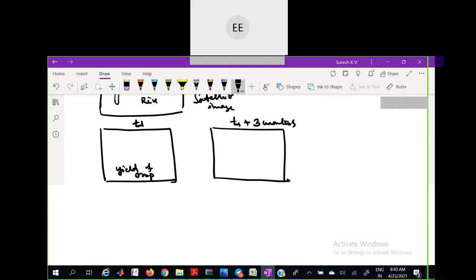After 3 months, what is the yield? That's what I want to see. If it is paddy, I am interested maybe in just the green color. So from the satellite image that I have captured, whatever vegetation region I have, I need to highlight that, and all other regions should be considered as background.